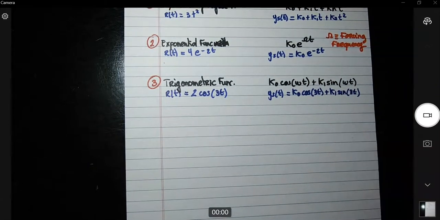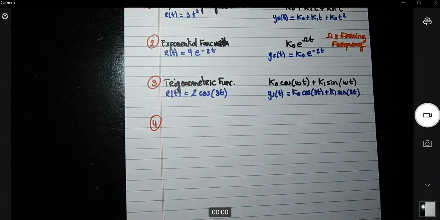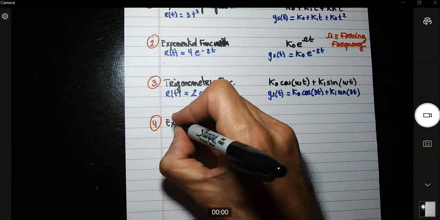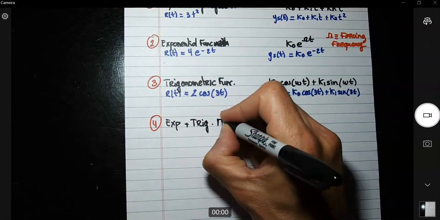And finally, the fourth case will be basically the summation of these two. So it will be exponential times a trigonometric function.